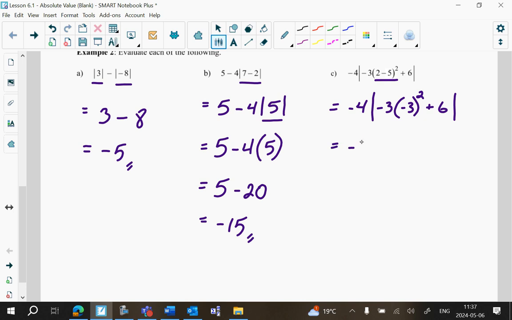What do I do next inside the absolute value bars? And what is negative 3 squared? Positive 9. And it's being multiplied by negative 3. Now you guys may want to skip a step here and just do all of this in one.